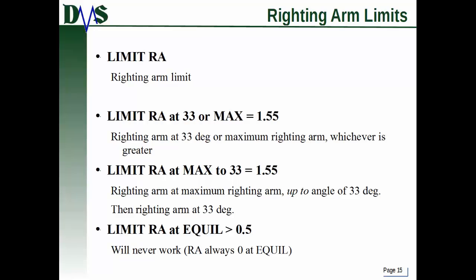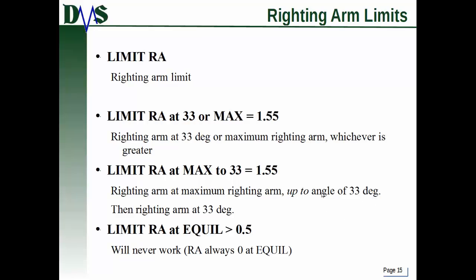And there's a big difference here with these two keywords. Notice, look at this. That's at 33 or max. So that's saying at 33 degrees or the maximum righting arm, whichever is greater. Now, if we flip it around and say limit RA at max to 33, that is the righting arm at the maximum righting arm up to an angle of 33 degrees.